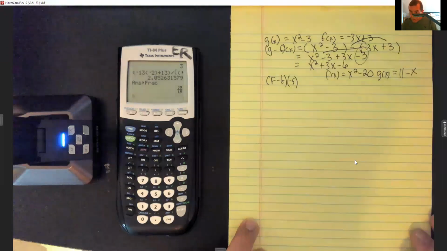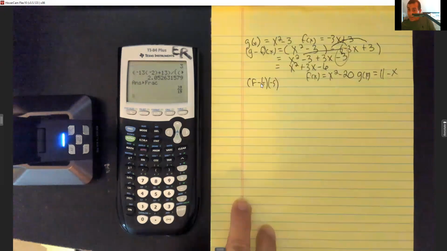Now, let me, where I can see that, my paper's in the way. Alrighty, so x squared minus 20, 11 minus x, and they want me to find f minus g of negative 5.